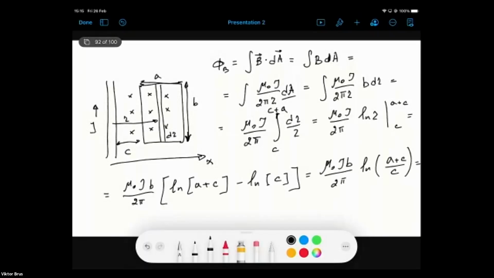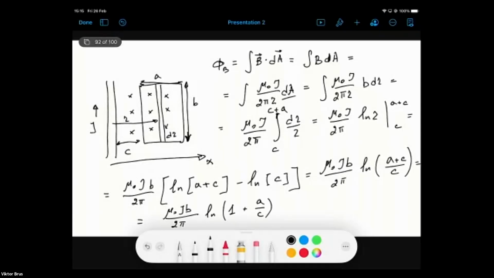And this is equal to mu naught times I b over 2 pi natural logarithm of 1 plus a over c.